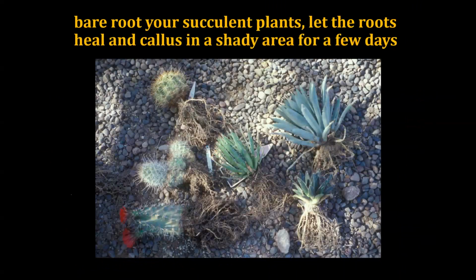For our succulents, whenever possible, especially if they're smaller, 1 or even 5 gallon size, or box size even, we can remove the soil from the roots a few days before we intend to plant and set these out of direct sun, in some nice filtered sunlight or light shade for a few days, and let those thick fleshy roots callus.